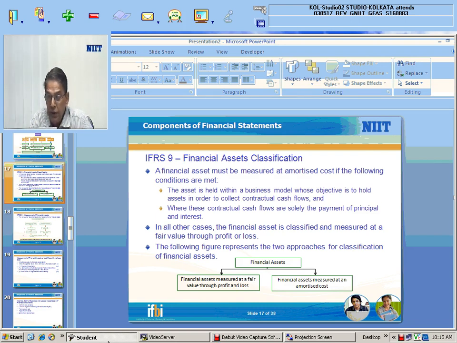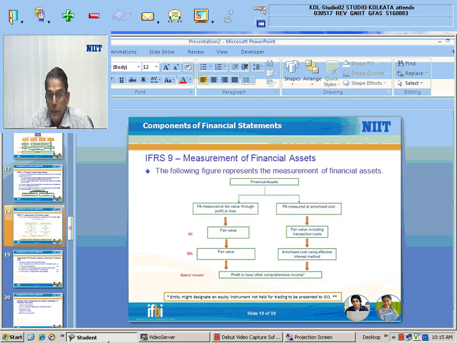So it will make things much easier when IFRS 9 becomes mandatory. The only two classifications will make it easier to understand and apply, whereas IAS 39 has four. So under IFRS 9, what will happen? Financial assets are to be classified into one of the two categories: financial assets measured at fair value through profit or loss, or financial assets measured at amortized cost.